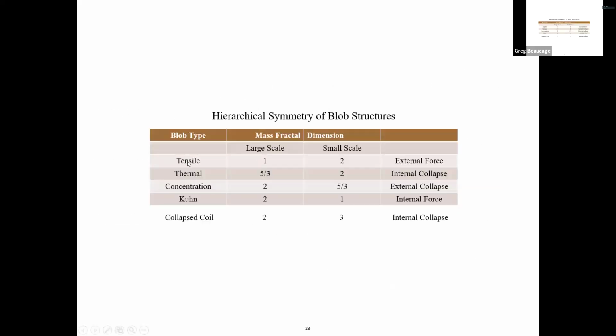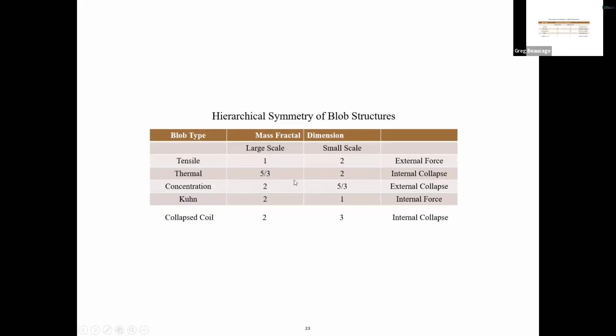For the tensile blob, on large scale it goes to 1, small scale is 2. Concentration blob, large scale is 2, it's expanded; it's small because it's overlapped at the large scales and not overlapped at the small scale, small n. Tensile blob goes the opposite of that. You can see it's a kind of symmetry between tensile blob and Kuhn, because this is like an internal force straightens it out, this is an external force straightens it out. And concentration is like an external collapse, and this is an internal collapse.